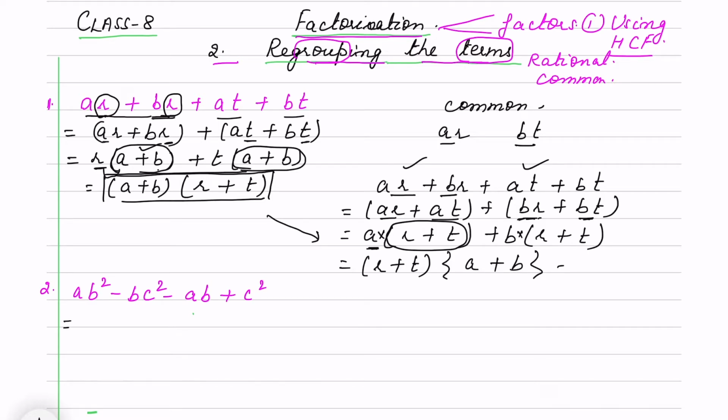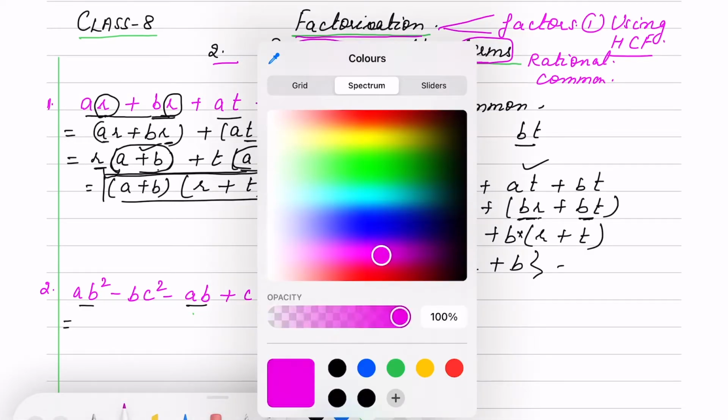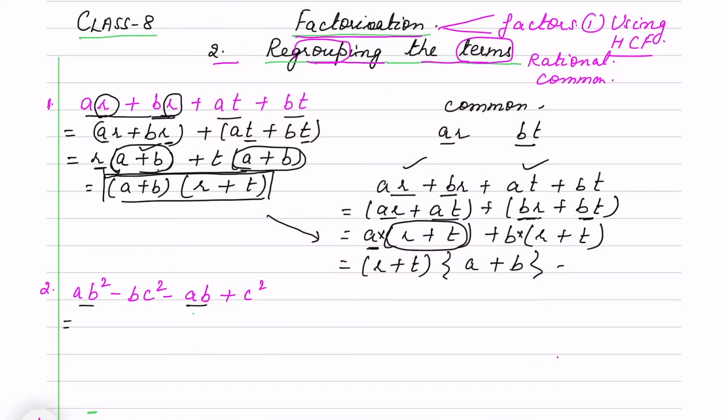Same way, second question, AB square minus BC square. So what do you think? Which terms will be in one group? I can take this and this in one group, AB square and BC square, where B will be common. But if I take these two, can I take anything outside?